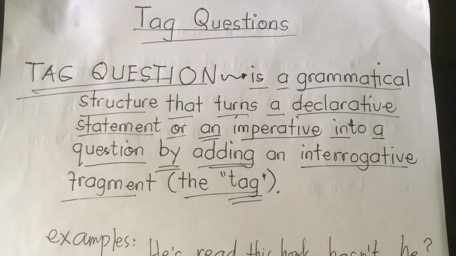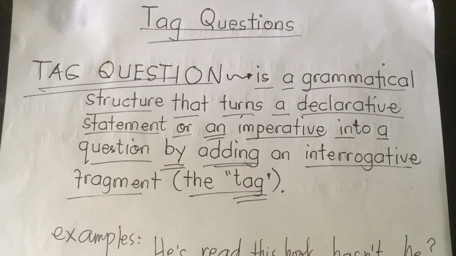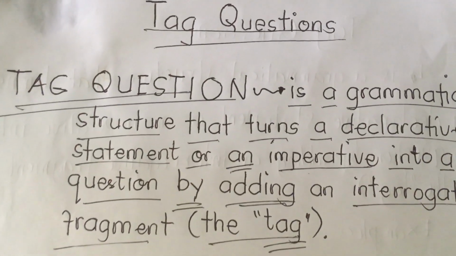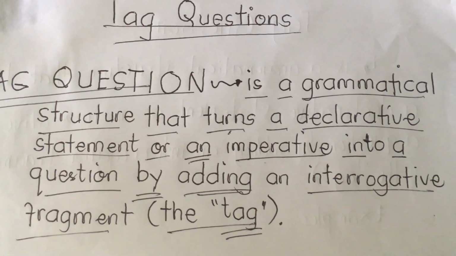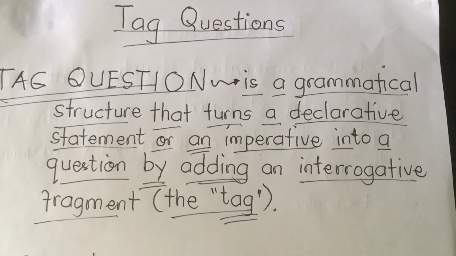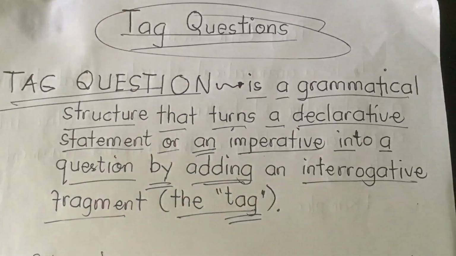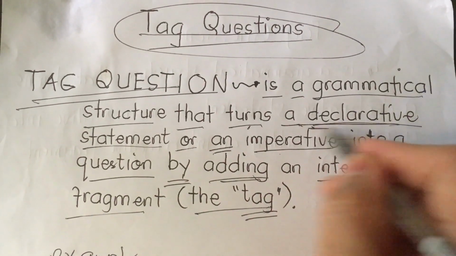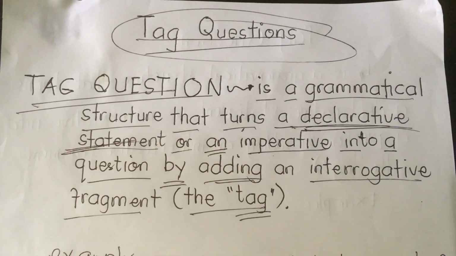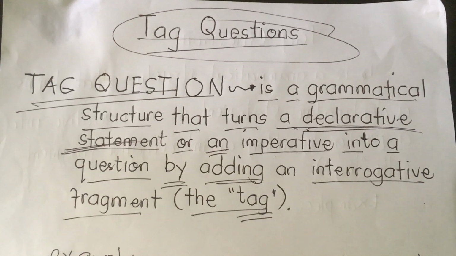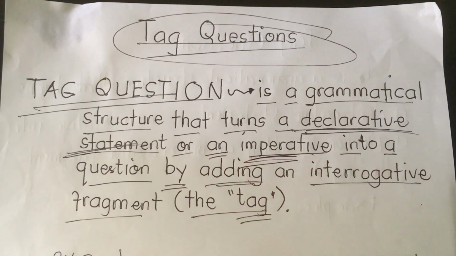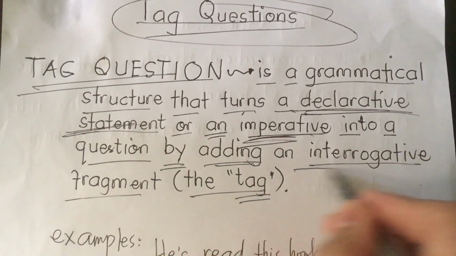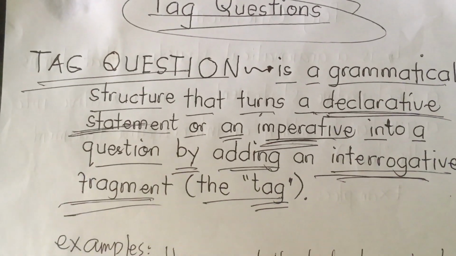We don't know that we apply tag questions thoroughly. We're just asking our friends where they come from. So we need to emphasize tag questions using grammatical structures that turn into a declarative, which is a statement, like describing your classmates; an imperative, which shows a command or request; and of course an interrogative sentence, which is an asking sentence.